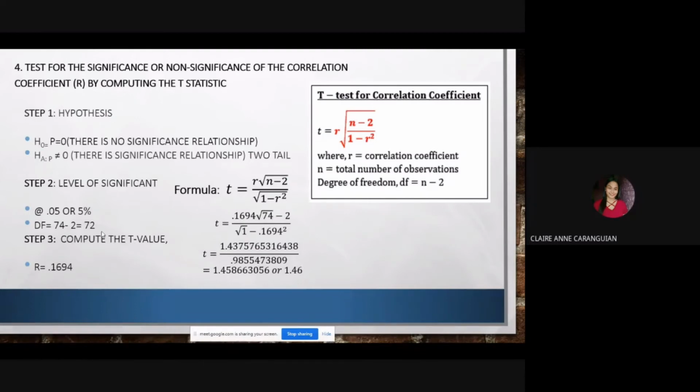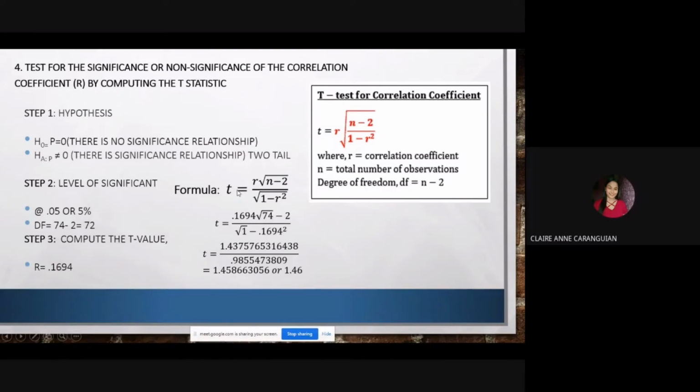Dahil given na yung correlation coefficient natin, which is 0.1694 or 0.17, we're going to compute the t-value.